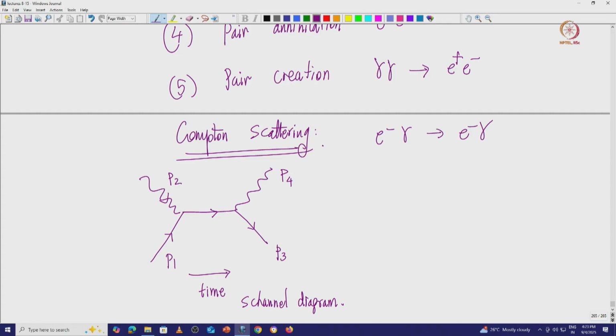If I exchange the photons on both sides, say for example P1 the incoming photon and the outgoing photon, this is a possibility. So, what will happen is P4 minus P1 will become, and the other one would be P2 minus P1. So, the diagram I am drawing would be of this type.